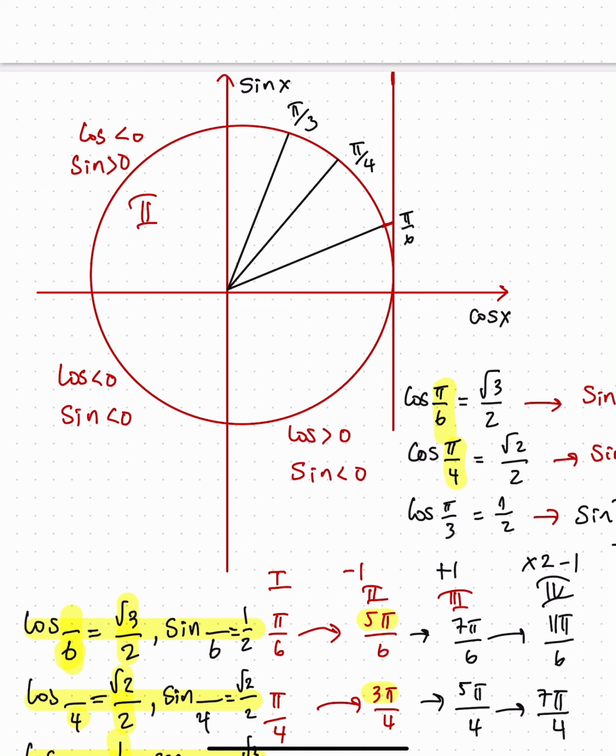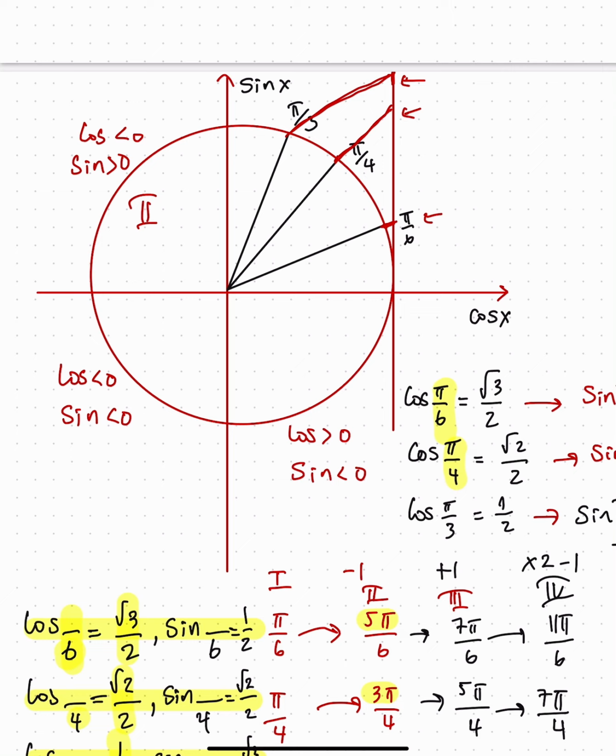You can see here, here and here. Which one is closest? This, right? And this is the middle, and this is the furthest.